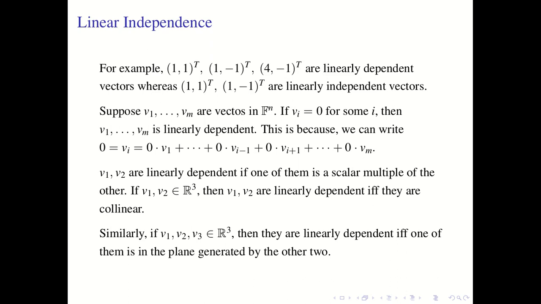You can take this as an exercise. Think about it. Try to prove it. So the exercise is that three vectors in R3 are linearly dependent if one of them is contained in the plane containing the other two, or the plane generated by the other two.